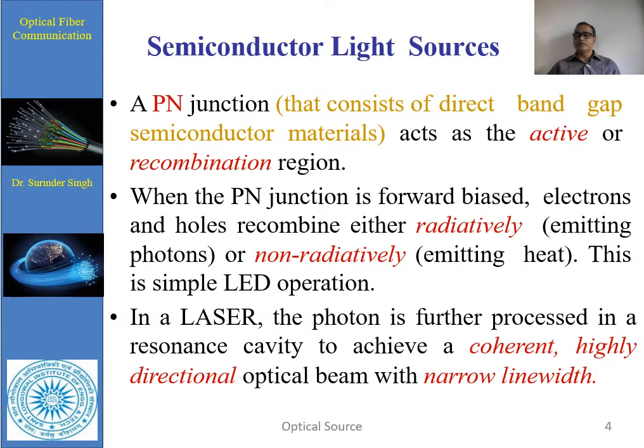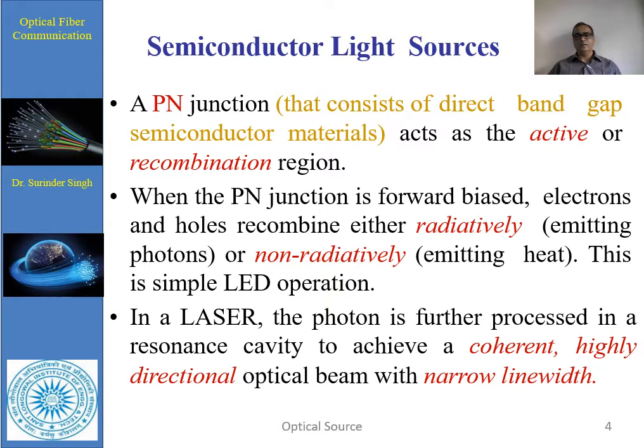A semiconductor light source is basically a PN junction diode, in which the PN junction has a direct band gap material. From the periodic table, the direct band gap category is the third and fifth group semiconductor materials, which act as the active material.